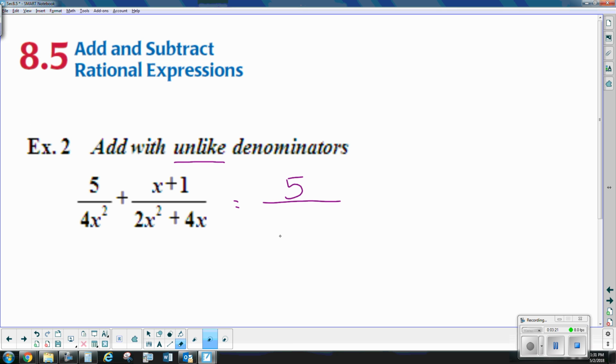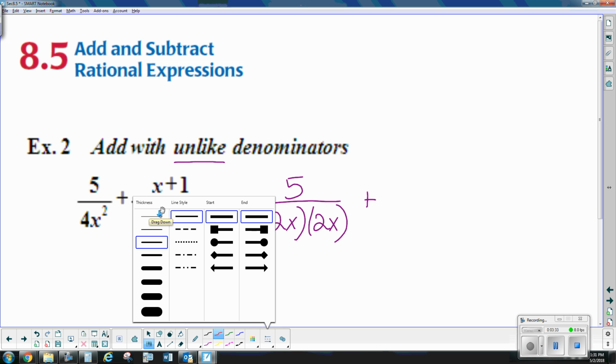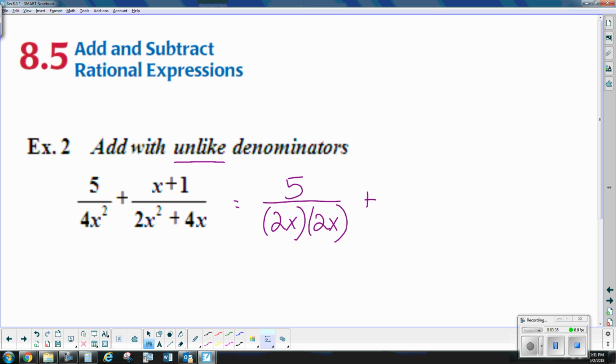And sometimes it helps to factor the larger polynomial first. Then I'm going to factor my second polynomial, which is the same as x plus 1 over 2x times x plus 2. If I factor out a 2x from both of those terms, I'm left with x plus 2.